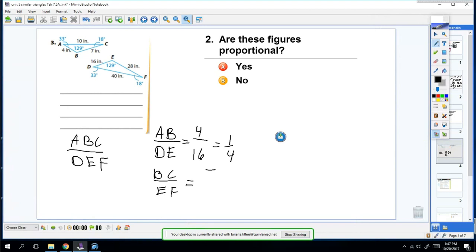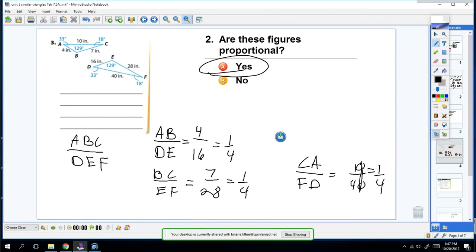BC is 7. EF is 28. That's 1/4 as well. Last one is CA, which goes with FD. CA is 10. FD is 40. I can just cancel out those zeros, and it equals 1/4. So the answer is yes, they are proportional. Yes, they are similar. All right, let's look at another problem.